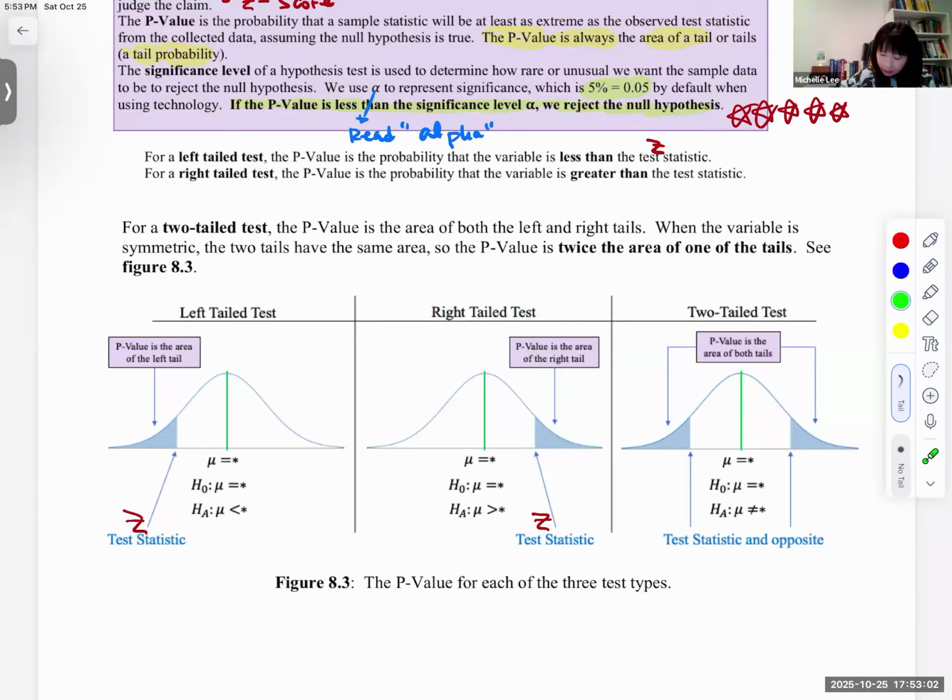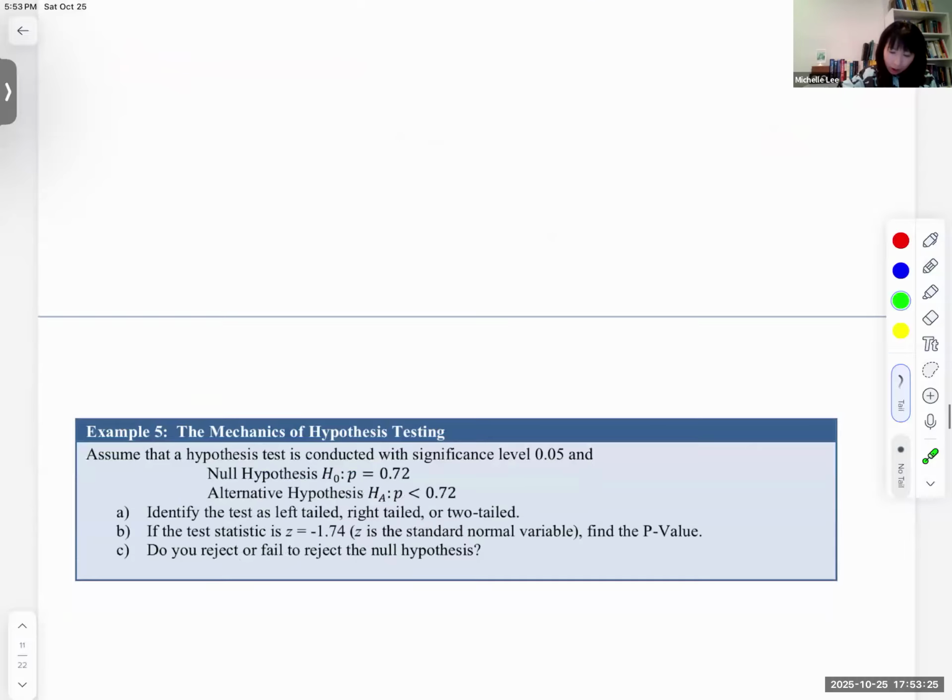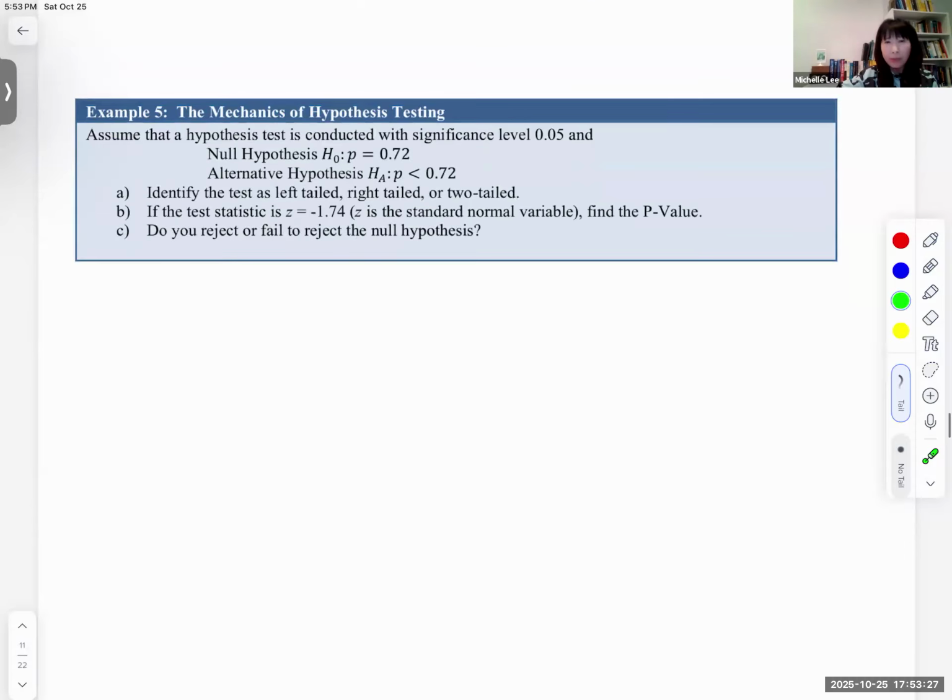For the two tail test, we have both left and right for the p-value, and the z test statistic is here. So more left and more right for the p-value. That's the two-tailed test.